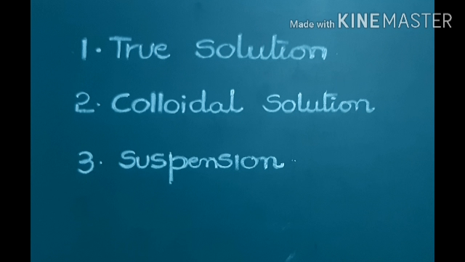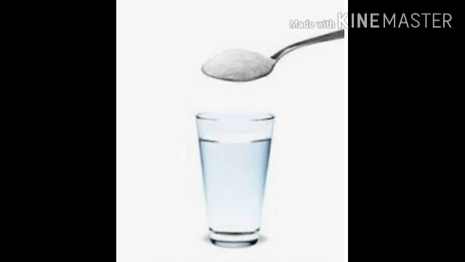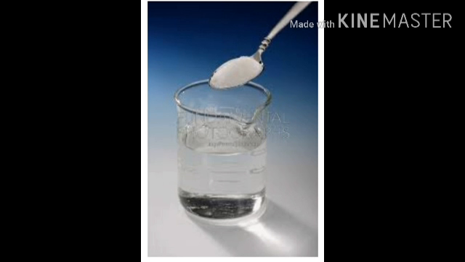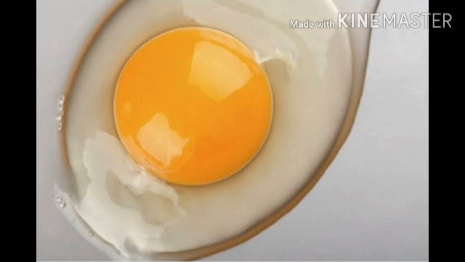Based on the properties of homogeneous and heterogeneous, we can discuss true solution, colloidal solution, and suspension. Salt plus water is the best example of a true solution because it is a homogeneous mixture. And sugar plus water is also a true solution.